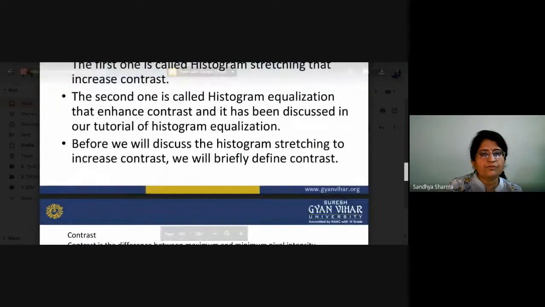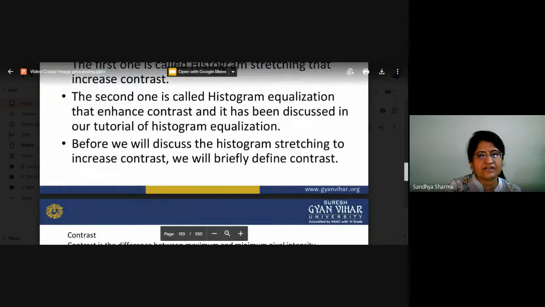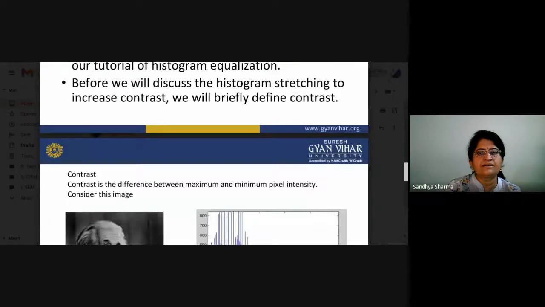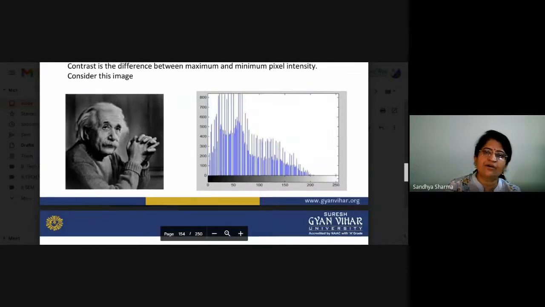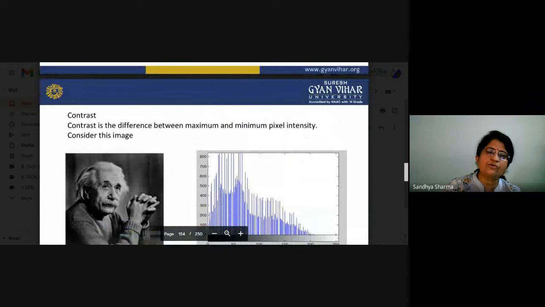Before we discuss histogram stretching to increase the contrast, we will briefly define contrast. What about the contrast? Contrast is the difference between the maximum and minimum pixel intensity.